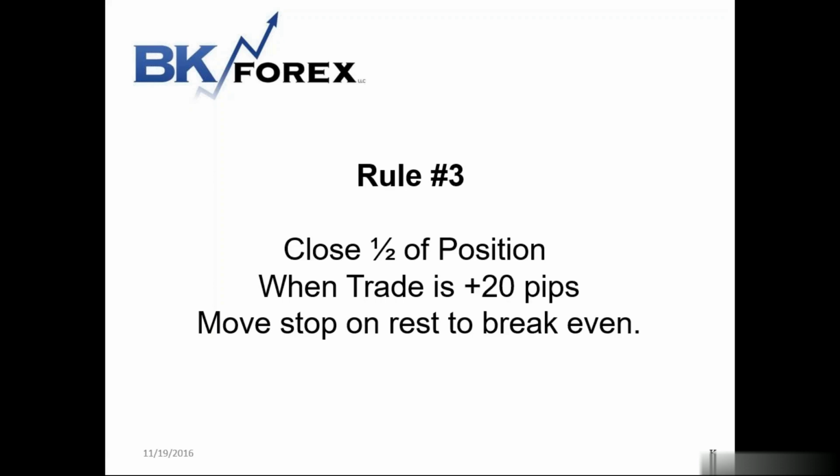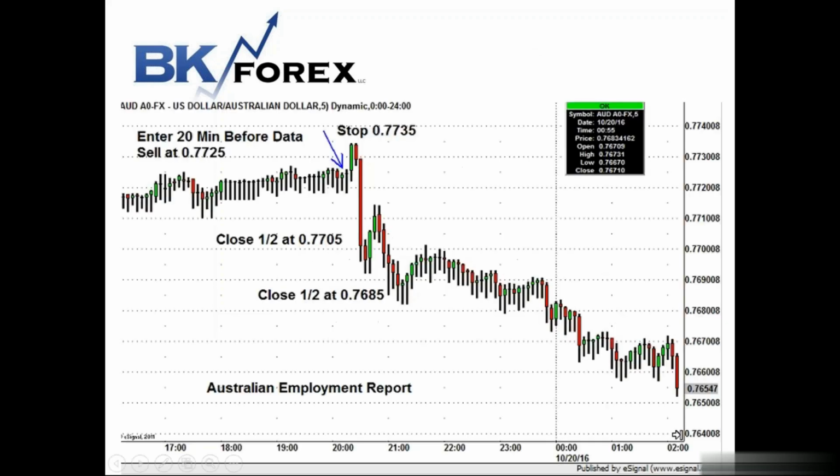Although oftentimes I would just recommend going 1-to-1, because 20 pips is a good move. But if it's a really big piece of data, if you move your stop on your second half of the position to break even, you can ride the rest of the move if it goes in your favor.